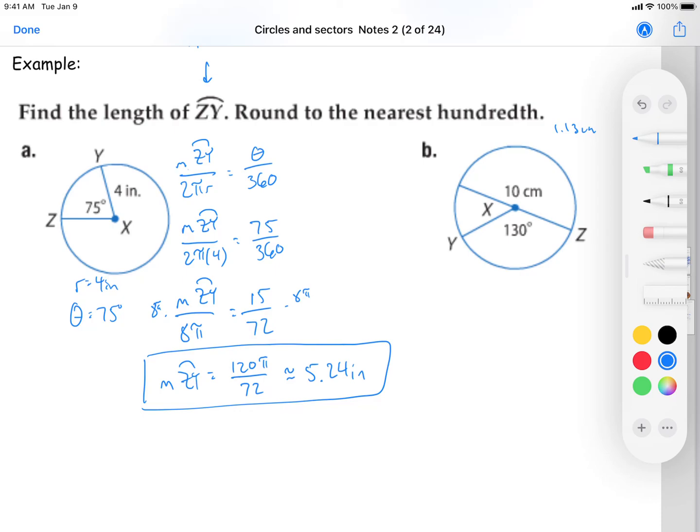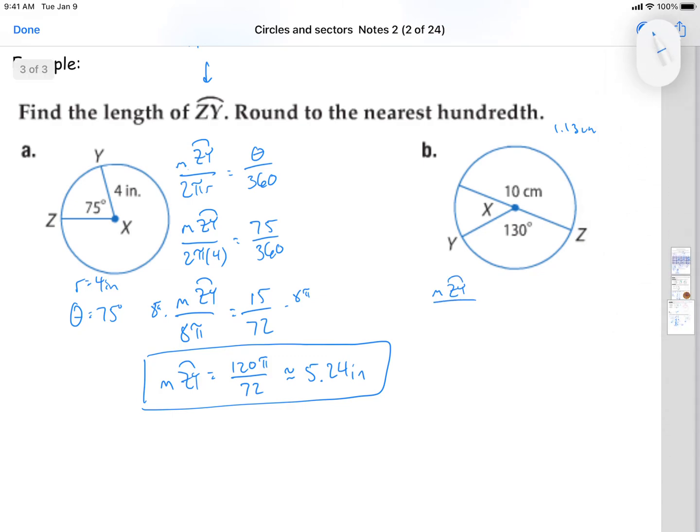So again, if I want to set up arc length, I'm trying to find the measure of arc ZY. A couple things that we want to take away from here. My diameter is 10 centimeters. My central angle is 130 degrees.